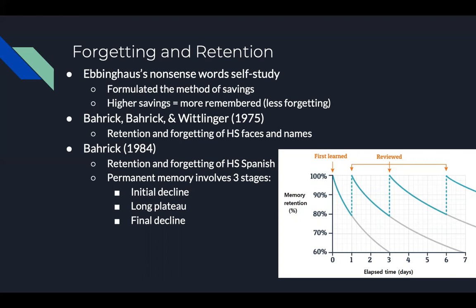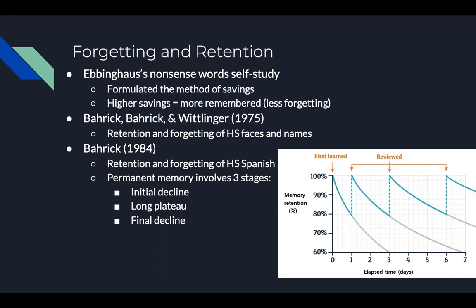So for example, it might take him 10 minutes to memorize a list of nonsense words perfectly. He would let 48 hours pass, and then he would tell himself, okay, time to recall the list. Obviously, forgetting would occur during this time, and only some of the items would be remembered.